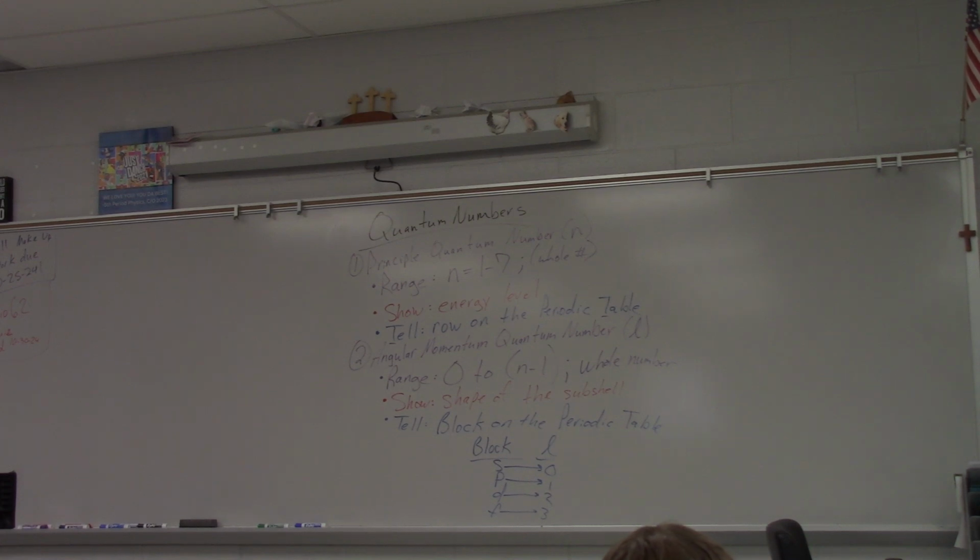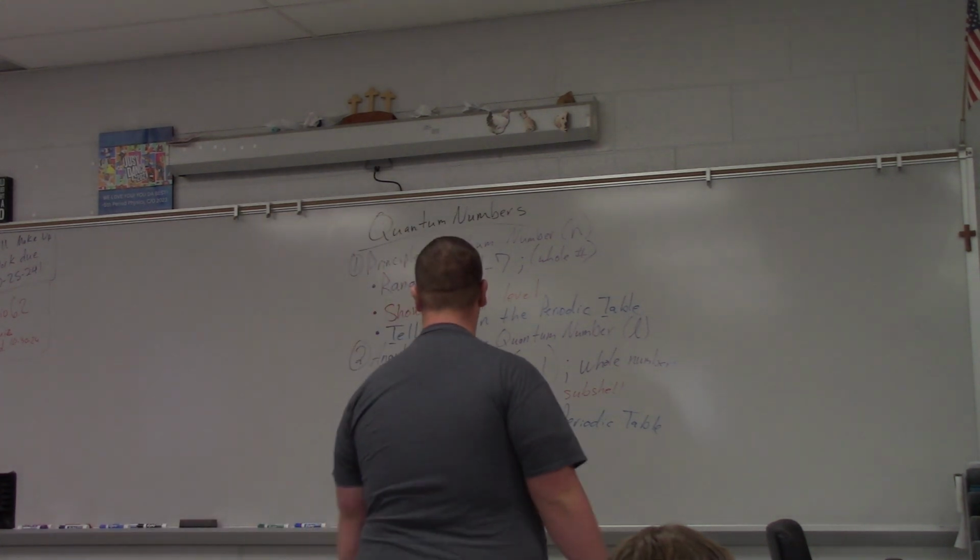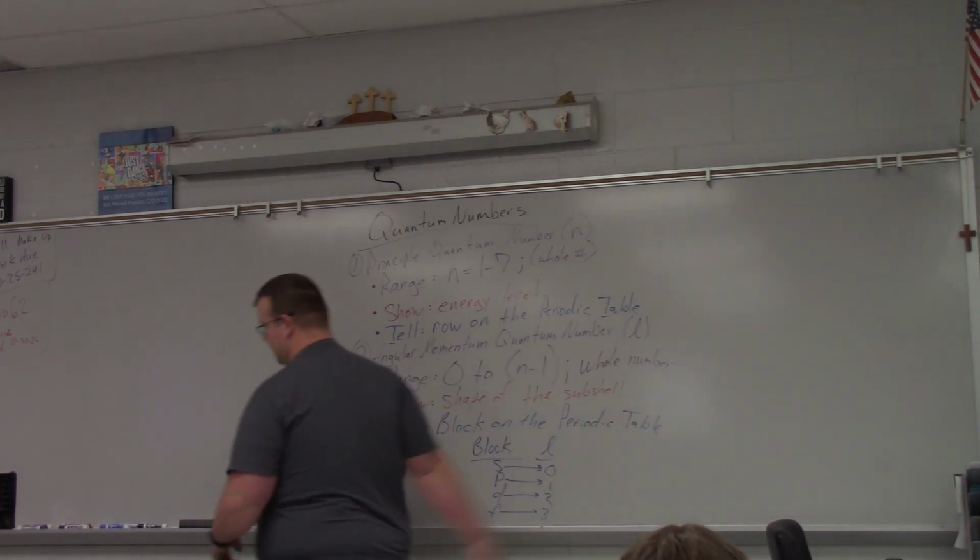So here's the way to tell the difference. The key is in the word tell and where it comes from. Tell associates with table, so T, T. Tell refers to the periodic table.